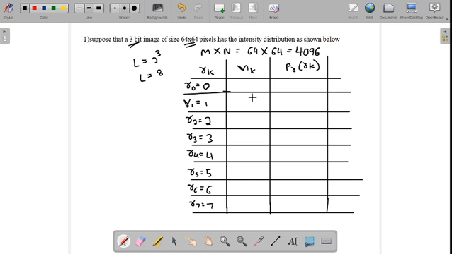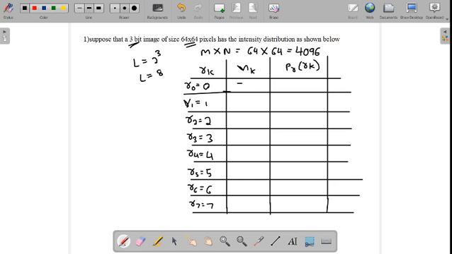Next they have given the total of 4096 pixels. Each intensity has a particular number of pixels. Here the number of pixels with intensity 0 is 790.